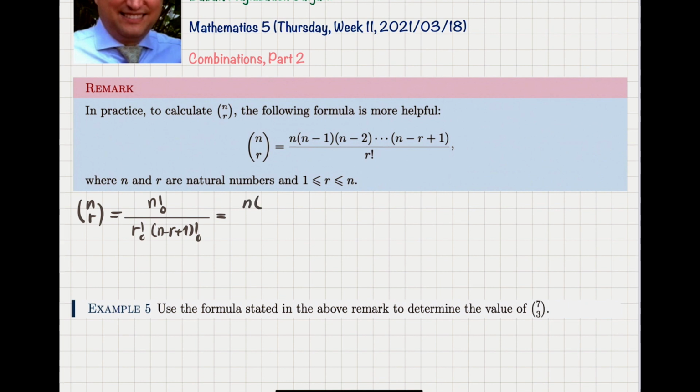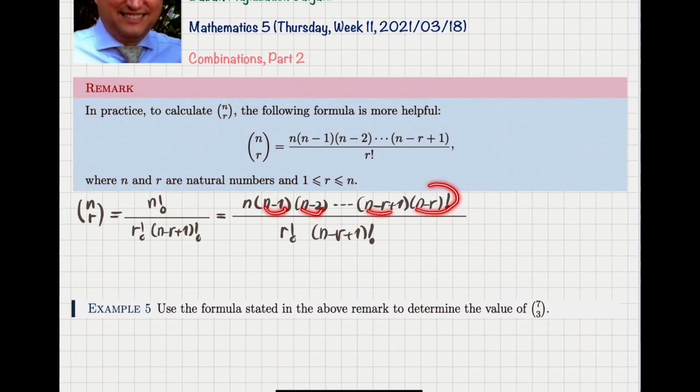I write n times n minus 1 times n minus 2 up to times n minus r plus 1 and then n minus r factorial. And then in the denominator, I will have r factorial times n minus r plus 1 factorial. So you see that I have started from n, the previous number, the previous number, the previous number, until I reach this one. I will stop here.